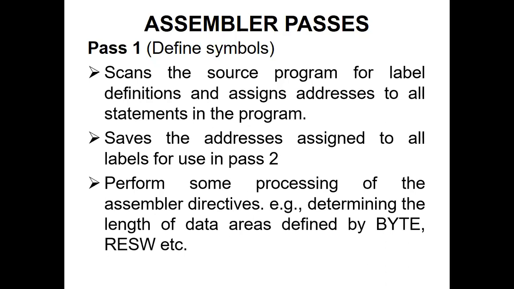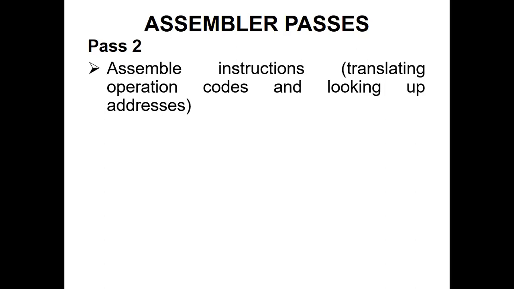Then you come to process those other data areas, like we saw when we processed the EOF. That one we put 45, 4F, 46, and so on. So all of that is done during the first pass. Now during the second pass, that is when we do the real assembling. That means that is when we do the real translating, because we know the addresses and we know the opcodes.